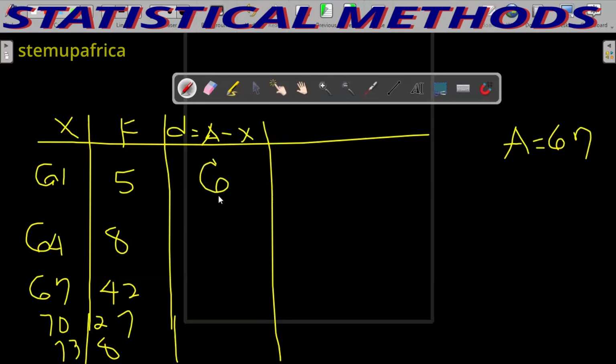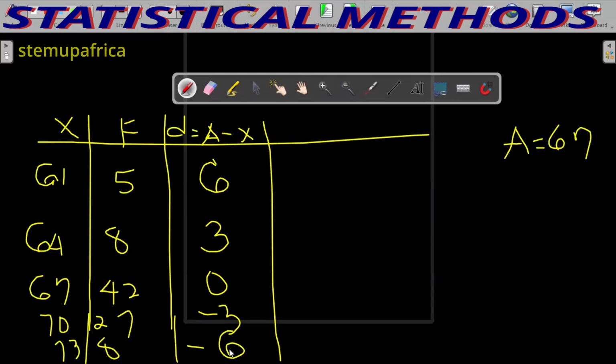Then 67 minus 64 will give us 3. 67 minus 67 will give us 0. 67 minus 70 will give us minus 3. Then 67 minus 73 will give us minus 6.